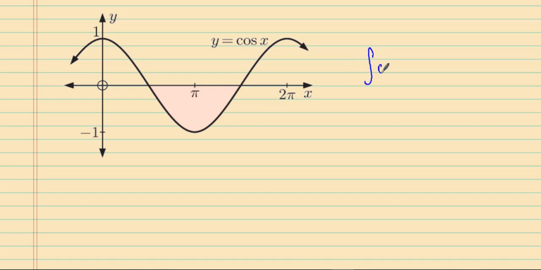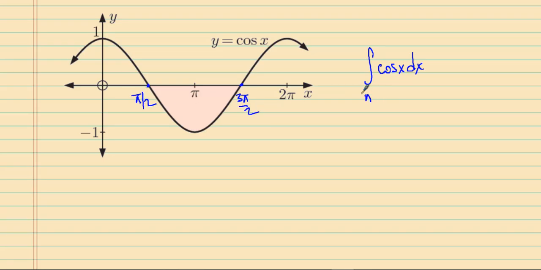Our integral is our function cosine x dx. Now I know it's under, I can see from the picture. You can put a negative sign to get a positive result, or just go with the positivity, and we need these boundaries. From trigonometry we know it's pi by 2 and 3 pi by 2.